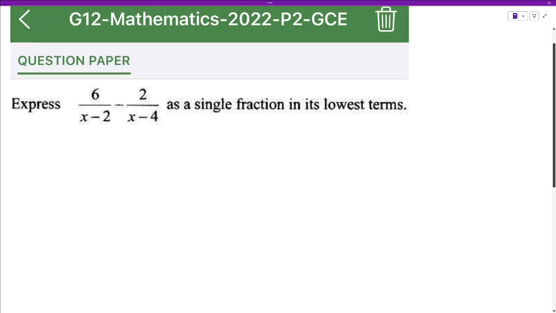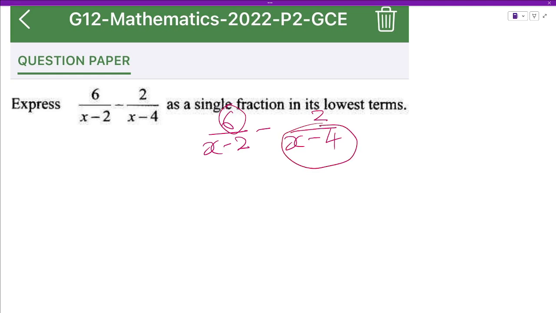Go to the next one, which we also scroll down too much. Okay, this one is x minus 2, 6 minus x minus 4 over 2. So it will be 6 times this one, 2 times that one. Okay, like that. So it's 6 times this one.